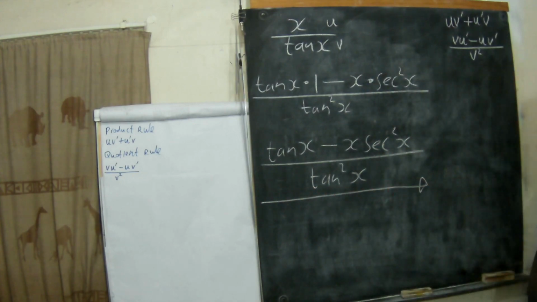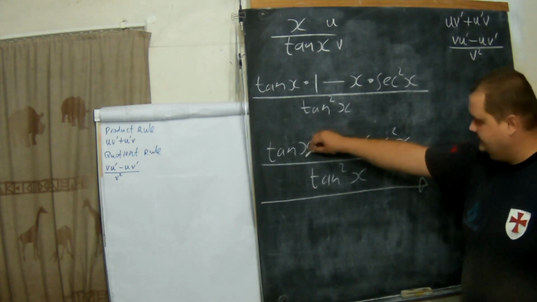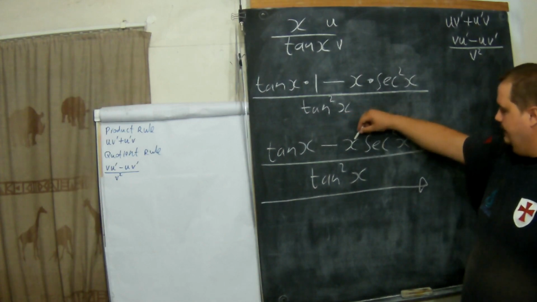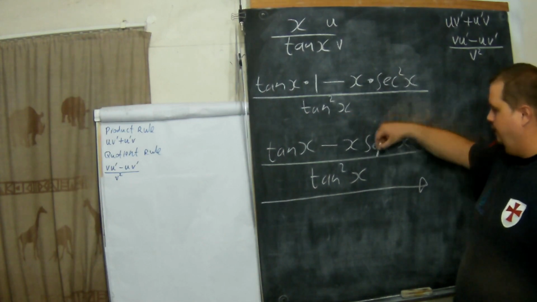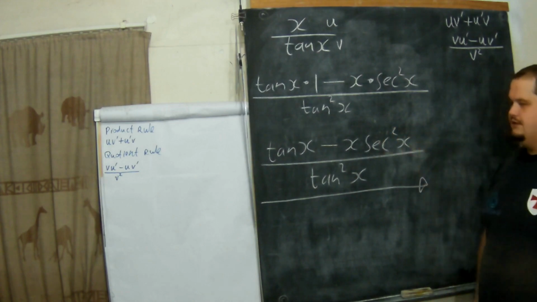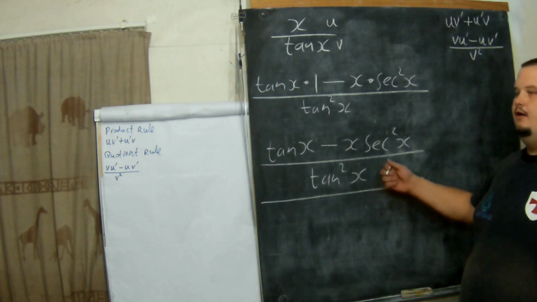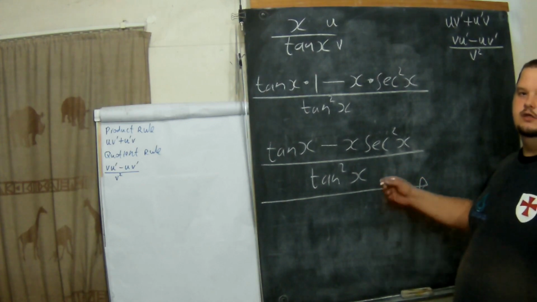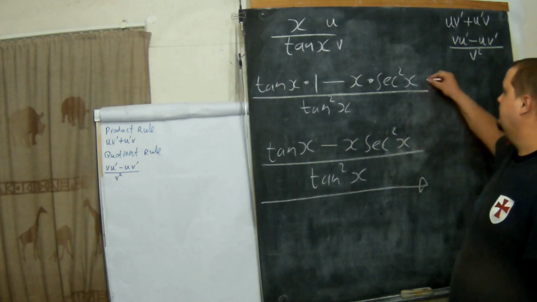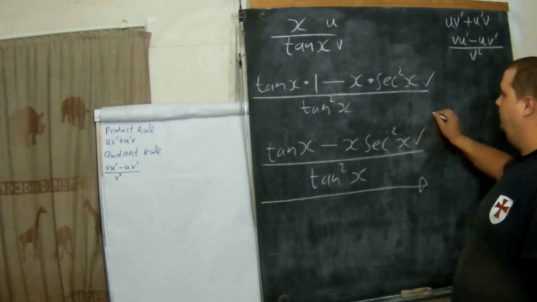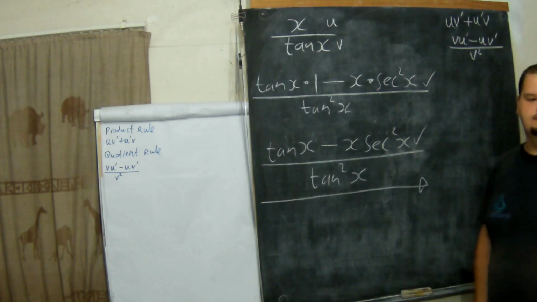You could take it a step further and split it into tan x over tan squared x minus x sec squared x over tan squared x. You could say that, but it's simply not feasible to do. This is the simplest way to get your full marks. So 1 mark there, 1 mark there, and you get your 2 marks.